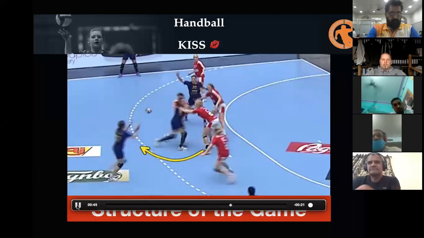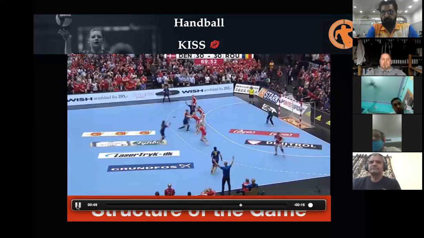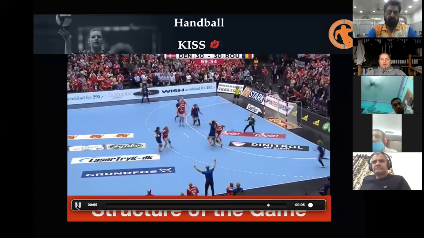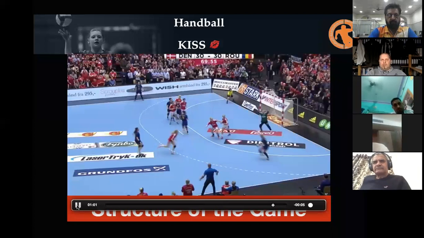So second defender coming to third defender coming to second attacker. Now right back, attacker number 3, drawing wing defender number 4. And wing finally is free and can score easily.